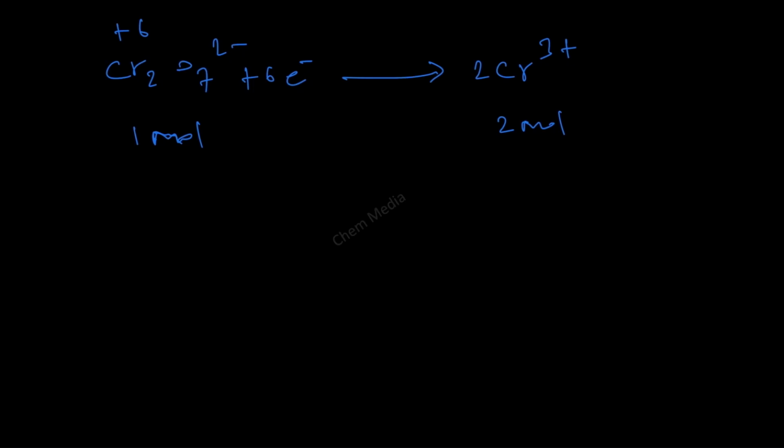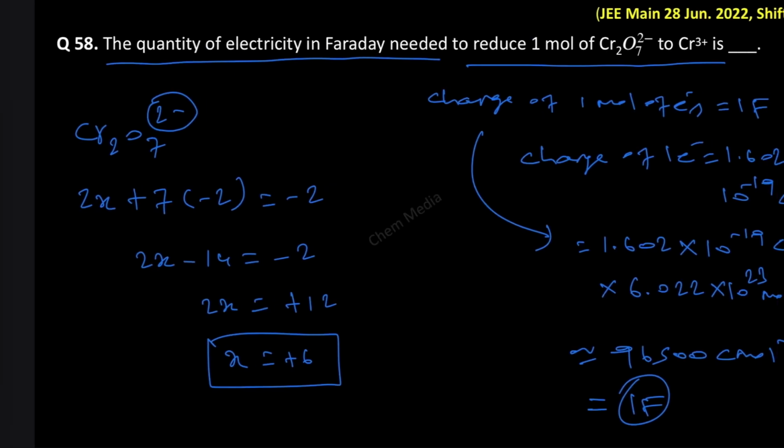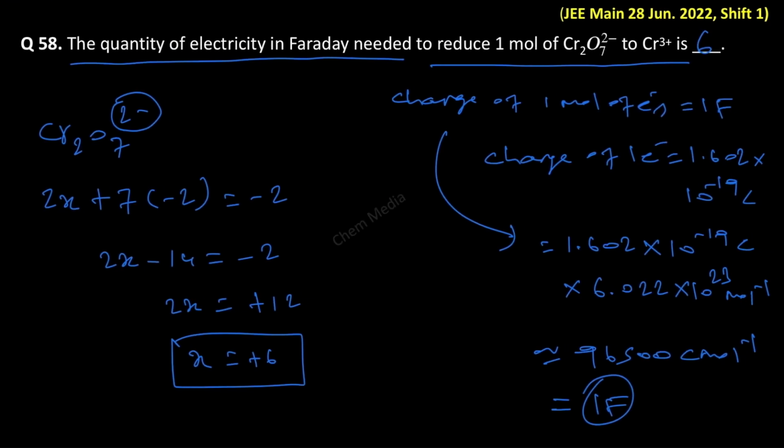Because we have to multiply with the 6 moles of electrons, not 3 moles of electrons. Because if you multiply with the 3 moles of electrons, then we cannot get 2 times chromium 3 plus. At that time we have to write only 1 times chromium 3 plus. So therefore, the correct answer is 6 moles of electrons. Therefore, 6 is the correct answer here.